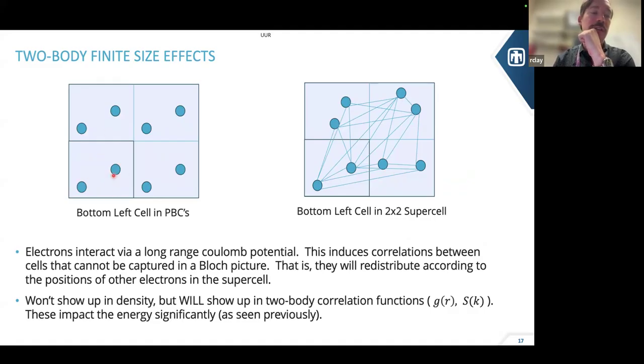Let's say that these are electrons. I can eliminate all the one-body finite size effects with this. Then as I start sampling the many-body wave function and allow these electrons to move, I can compute the energy, I can do DMC on it, everything is fine. This is a well-posed problem over here.